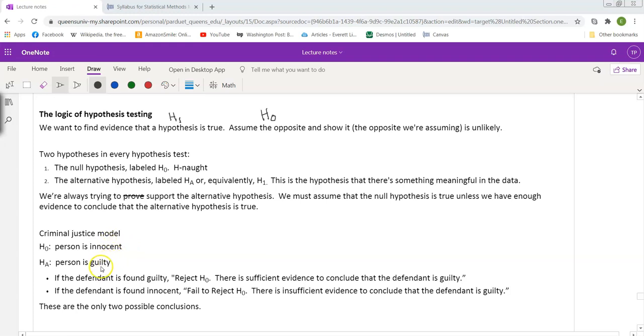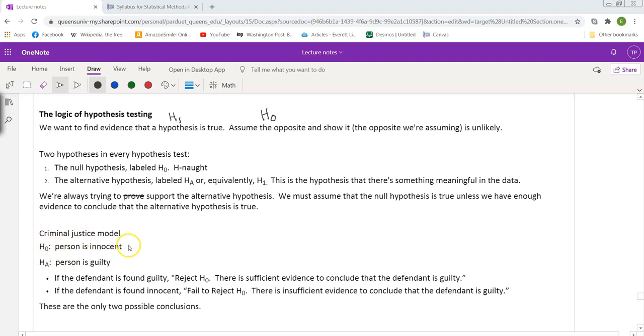And so that's exactly what's going on in our hypothesis testing. A little bit about language here, though. If in the criminal justice model, the defendant is found guilty, if they're convicted, then we say we reject H0, because we always start with this assumption of H0.